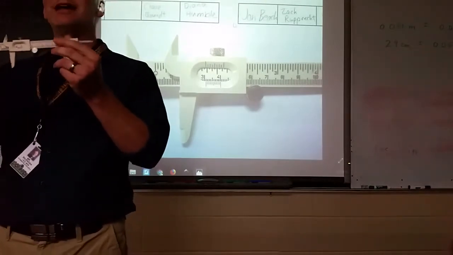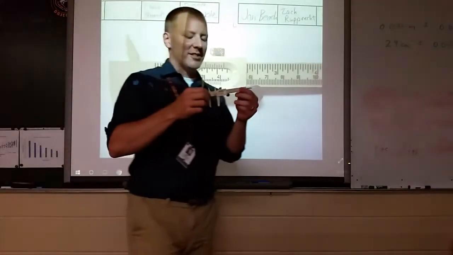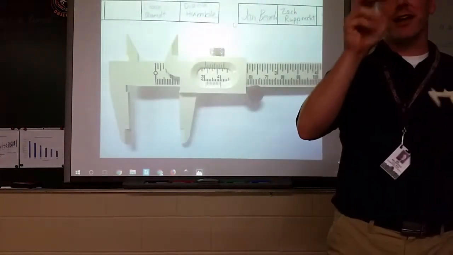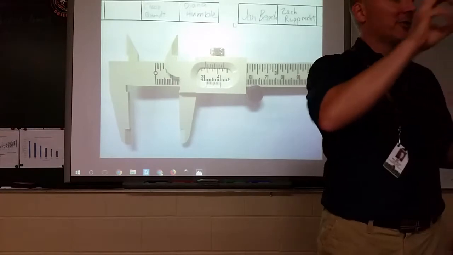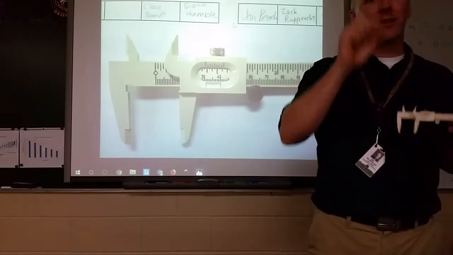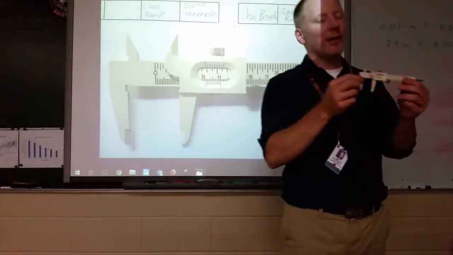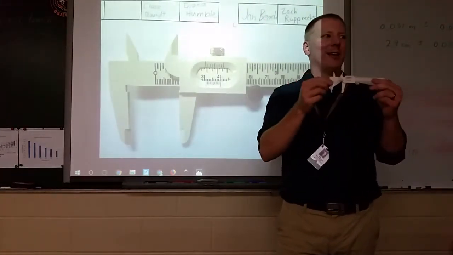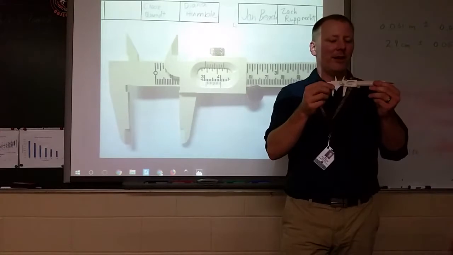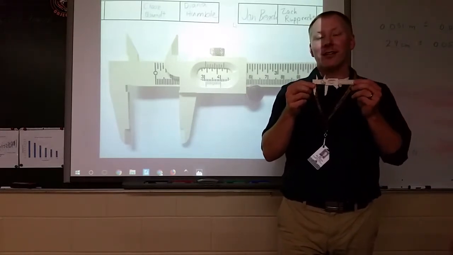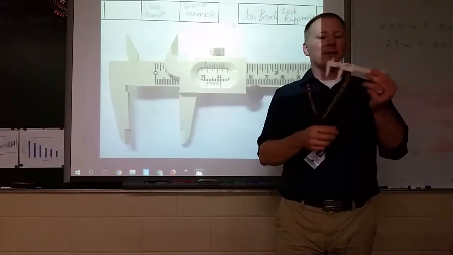And back in my day, before everything was digital and way easier to use, you might even find balances that use a dial that also have a vernier scale. We still have some in school. It's a really nice way to do things in an analog fashion. But honestly, digital has replaced a lot of these things. So we use it because these are cheaper.